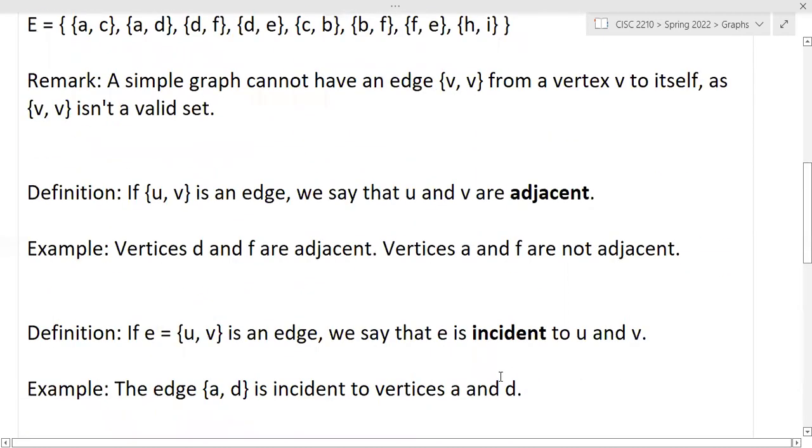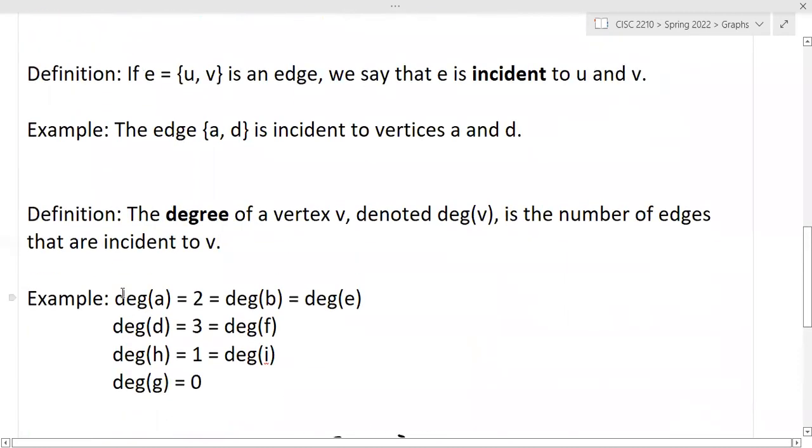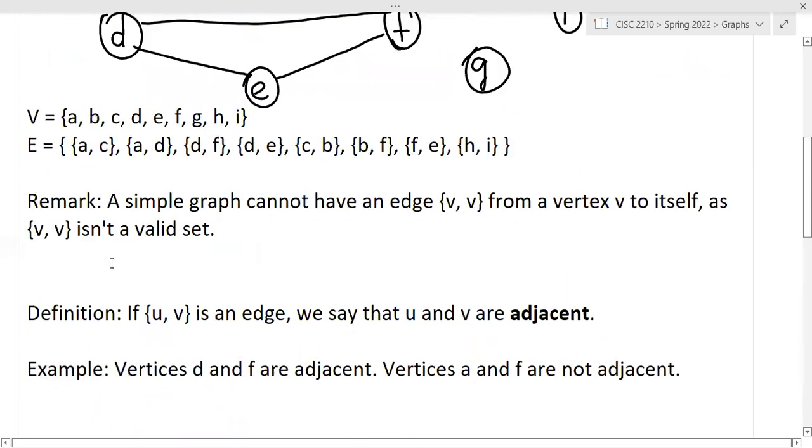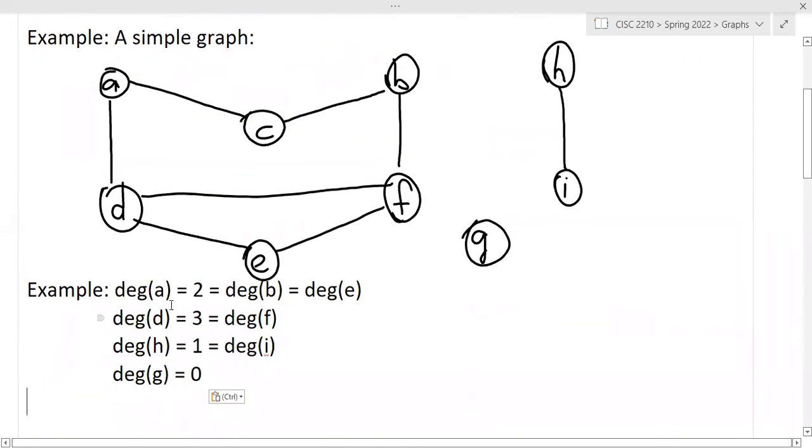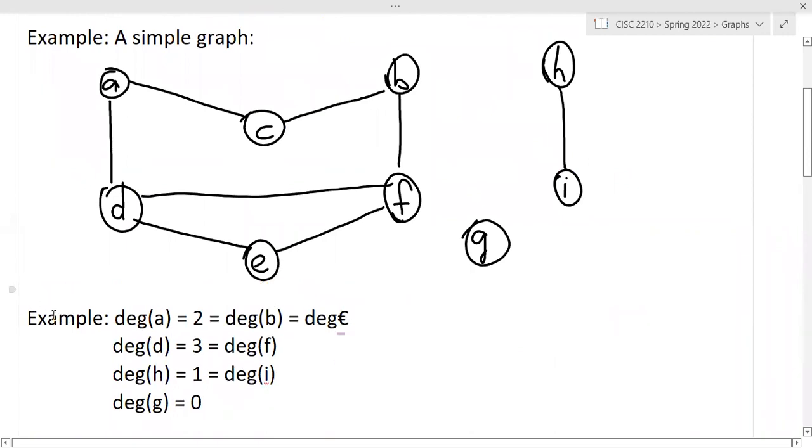Okay, so this is all straightforward, right? So just to make sure, the degree of A is 2.